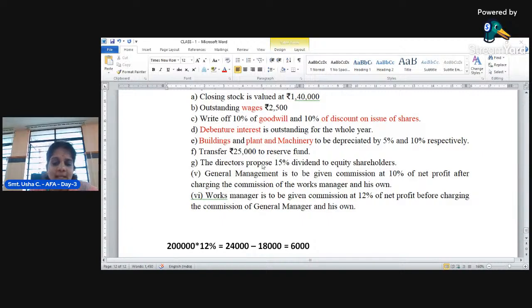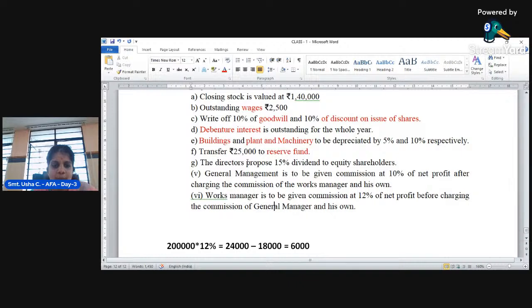After knowing EAT, that is earning after tax, that earning can be divided between shareholders and the reserve fund. So whatever dividend is paid to the shareholders will be deducted, and the remaining will be retained in the organization. So this is a reserve fund. Reserve fund is to be shown twice. One is in the profit and loss, and the other one is in the reserves and surplus of the balance sheet.